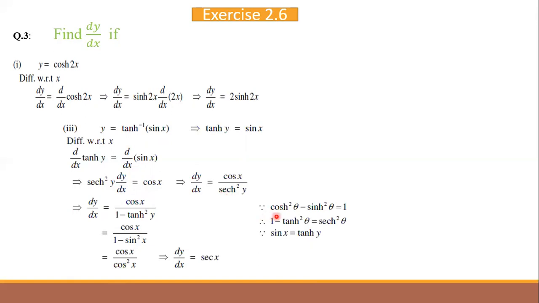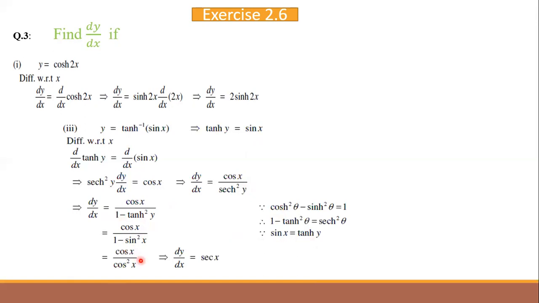We know that cosh square x minus sinh square x is equal to 1, and also 1 minus tanh square x is sech square x. So sech square y can be written as 1 minus tanh square y, and tanh y is equal to sin x according to this equation. So 1 minus tanh square y is equal to 1 minus sin square x.